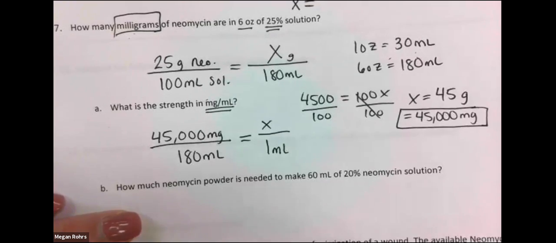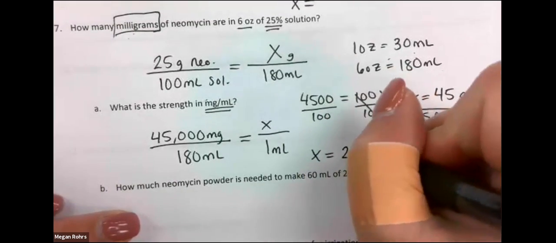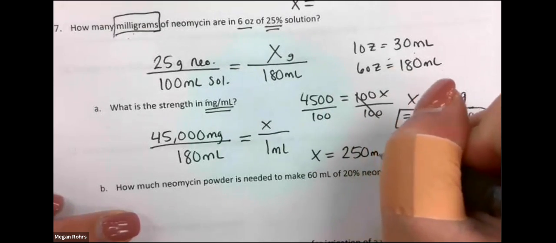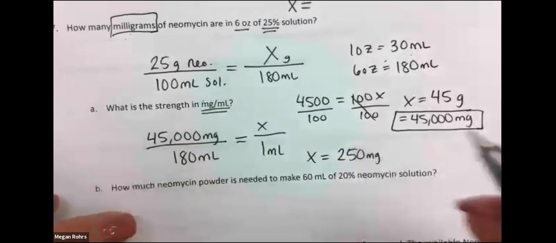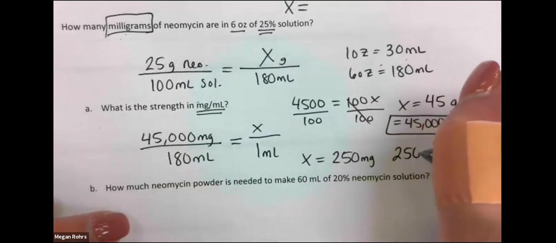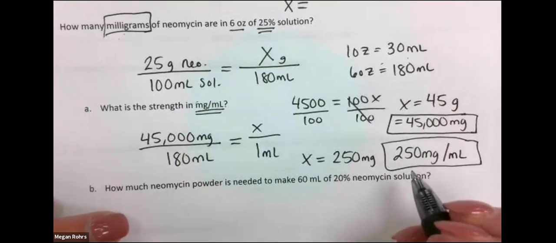So when you type that into your calculator, you get x equals 250 milligrams. So the strength in milligrams per mil would be 250 milligrams per that 1 milliliter there.